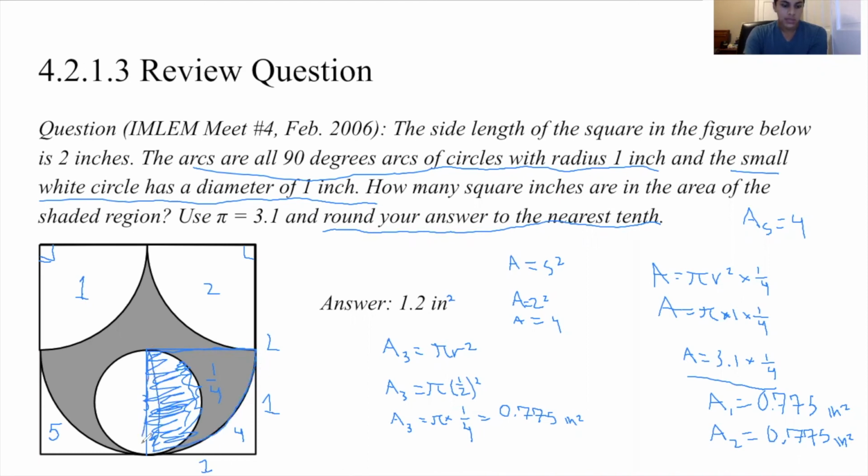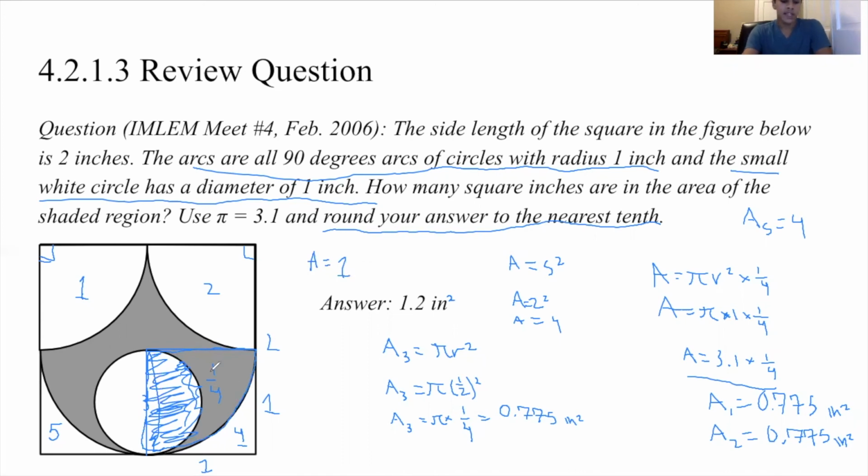So if we subtract this 1/4 circle from the area of this square that we just drew, that will give us the area of unshaded region 4. All right, so now let's find the area of this square that we just drew. It's a 1x1 square, so that's pretty simple. If we square the side length, which is 1, that gives us our area equals 1 inch squared.